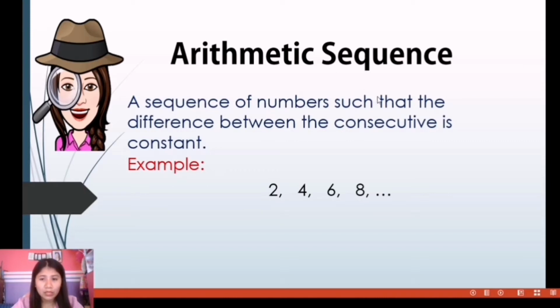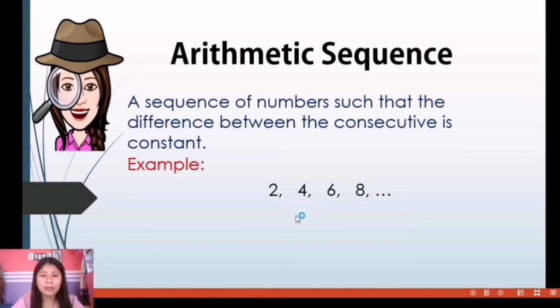terms. So when we say arithmetic sequence, it is a sequence whose succeeding terms are produced by constantly adding the same number. Okay, so the number added or subtracted to each term is known as a common difference. Okay?